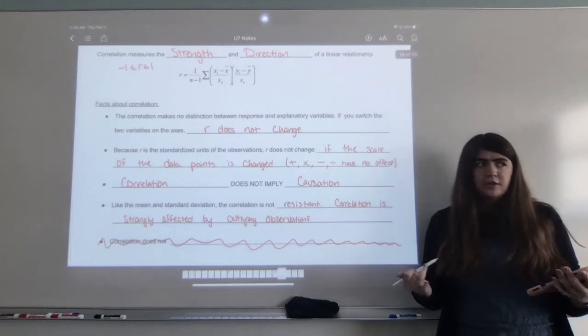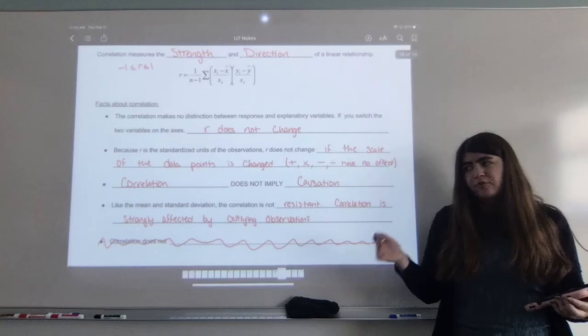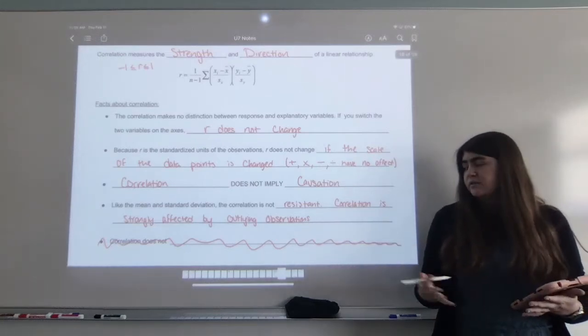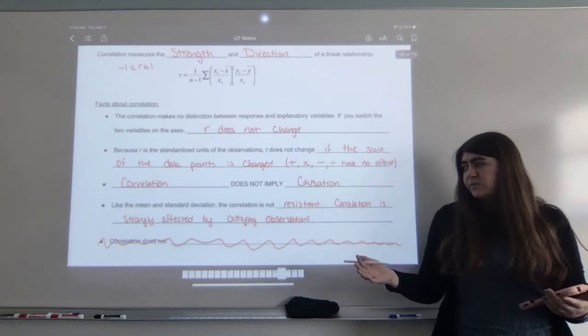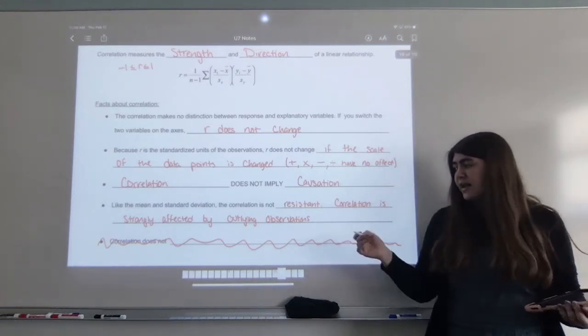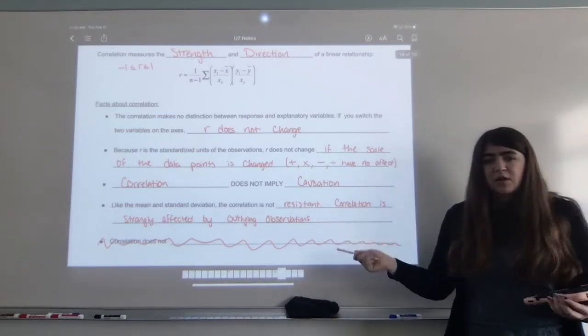We have cold weather, our lakes freeze. It's pretty common to go ice skating. But in Florida, they have to go to an ice arena in order to ice skate. That's just not going to be as common down there because they don't have that winter weather. So that's an outlier observation that would have an effect on correlation.